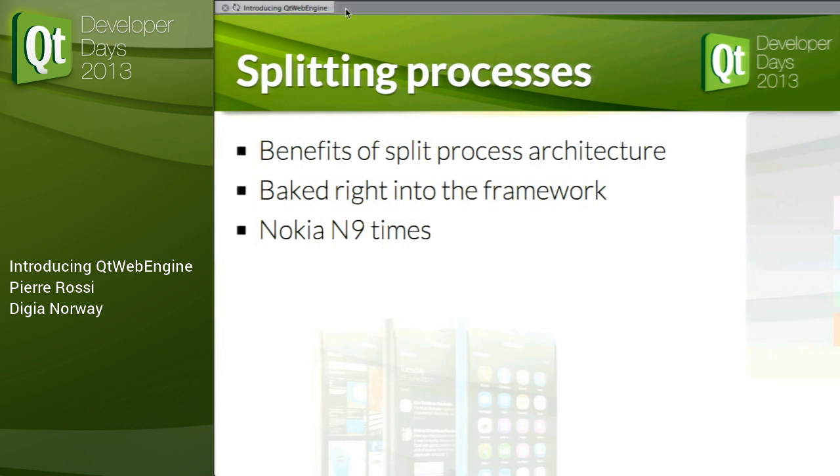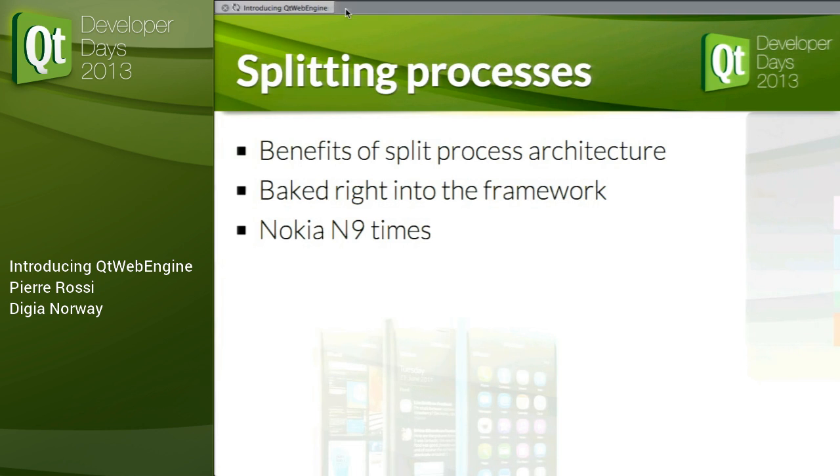which was introduced by Apple, and the idea was to have a split process design. This split process design was made popular by Google when they introduced Google Chrome, and it's been a very popular feature, and there was a lot of demand for it.